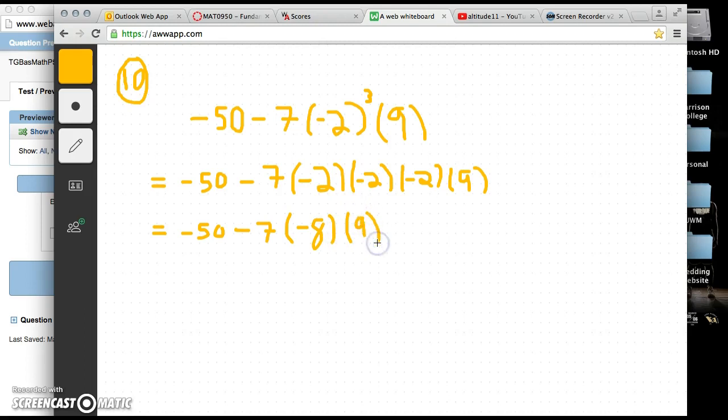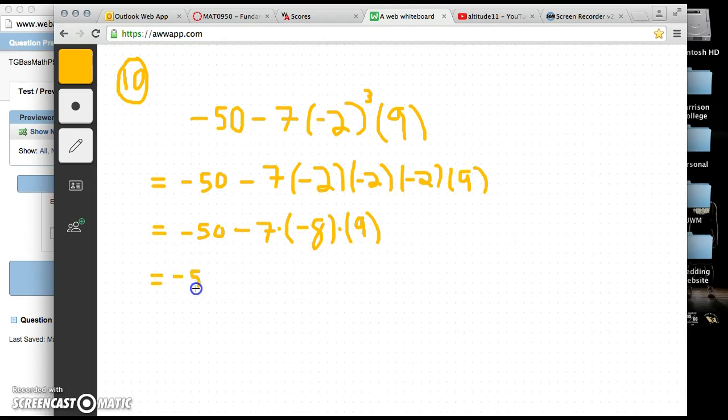All right. So now we have taken care of all of our exponents. The next thing we need to look for is multiplication and division. All right, I notice that we do have multiplication here. We actually have two instances where we're going to multiply. We have one here and we have one here as well. So if there is a tie, remember you always go from left to right.